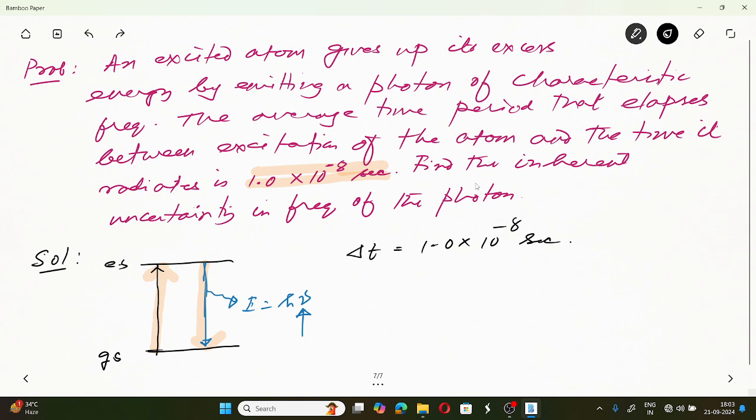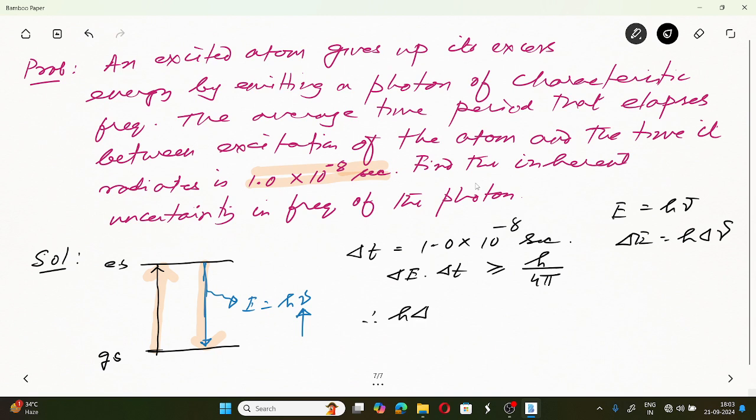Now, by using the uncertainty principle, we know that delta E into delta T is greater than or equal to h by 4 pi. We know that E equals h nu, or delta E equals h delta nu. So we can write h delta nu into delta T greater than or equal to h by 4 pi.